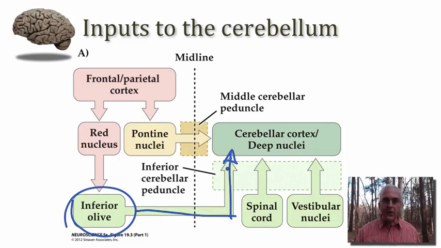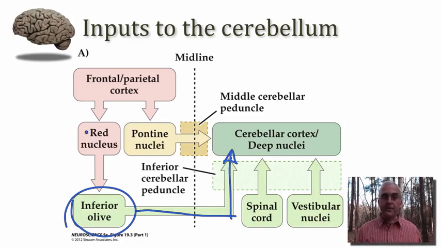And the inferior olive is providing a learning signal for the cerebellum. And we will talk about this in some detail, but essentially what this signal is doing is conveying to the cerebellar cortex a time for synaptic change. And this synaptic plasticity appears to be the cellular and synaptic basis for motor learning in the cerebellum.